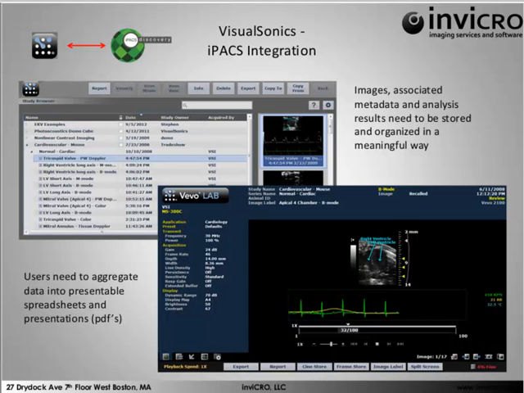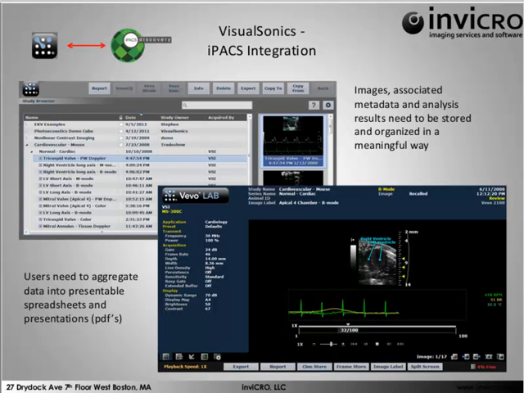As has been pointed out by the previous two speakers, there's a wealth of information that comes out of the image data from the Vevo LAB software, coming from the data off of the Vevo systems. And all of this data needs to be organized in a more systematic and logical order so that users can go back in time and pull their data according to how they want to interact with that data, from organizing into specific spreadsheets to organizing into presentation-ready material.